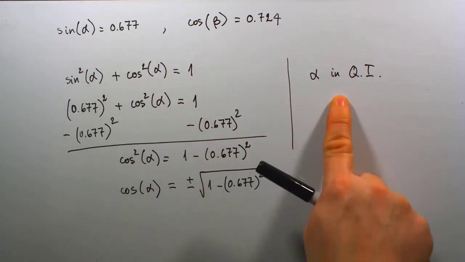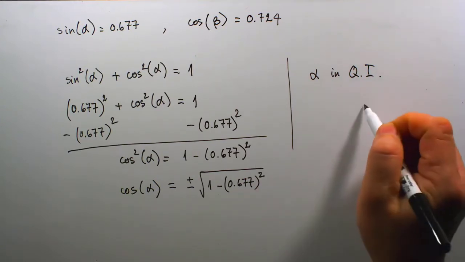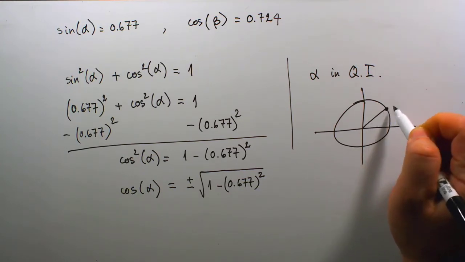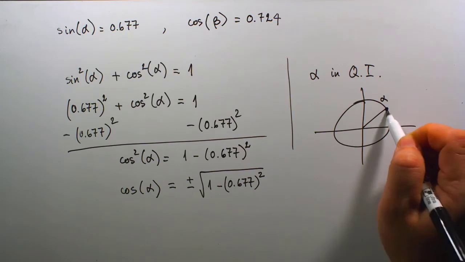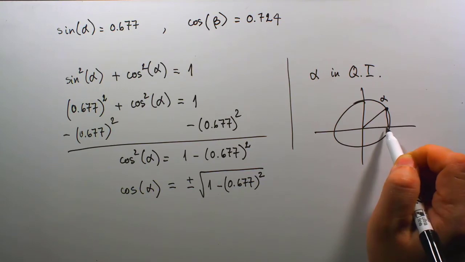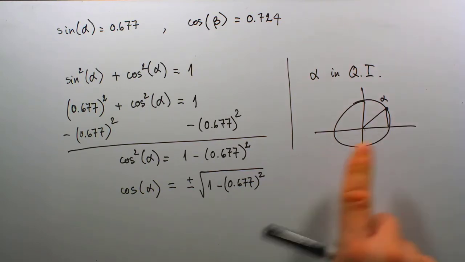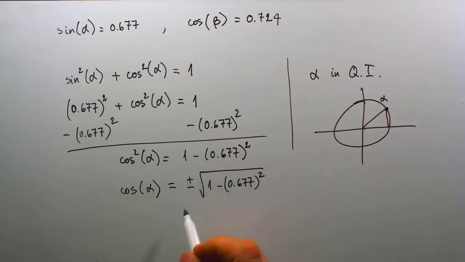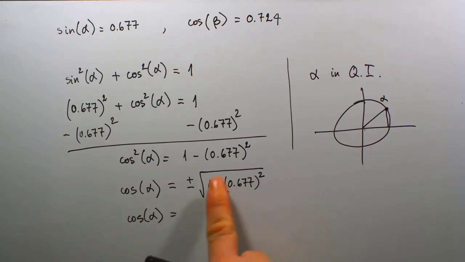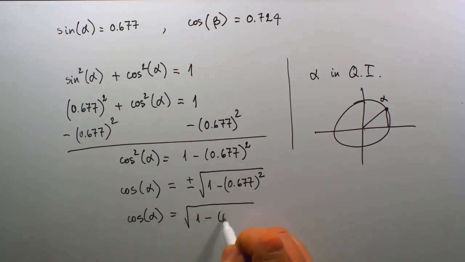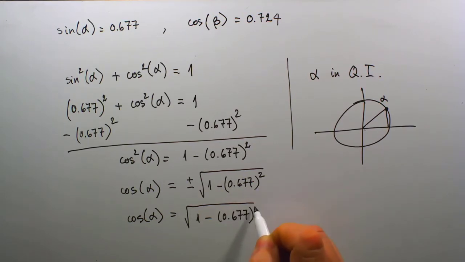With that valuable information, recall that being in quadrant 1 means a positive sine value and also a positive cosine value. I purposely emphasize that because it is useful here in our problem. That now means we must take cosine alpha to be the positive square root of this expression. So now I'm looking at the positive square root of 1 minus 0.677, all squared.